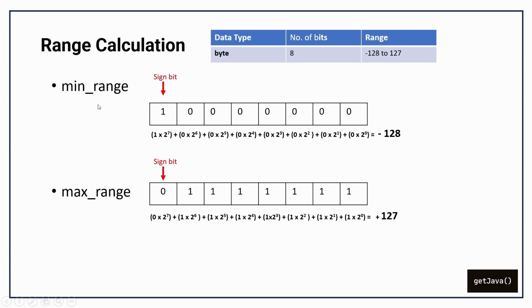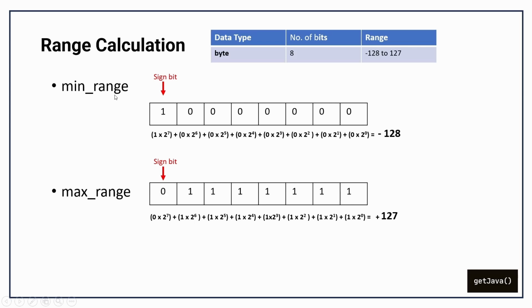Now for calculating the min and max range, the leftmost bit is for the sign bit. Whether it is a negative or positive number, that is decided by the leftmost bit. In case of negative, it is represented by 1. If it is a positive number, we represent it by 0.